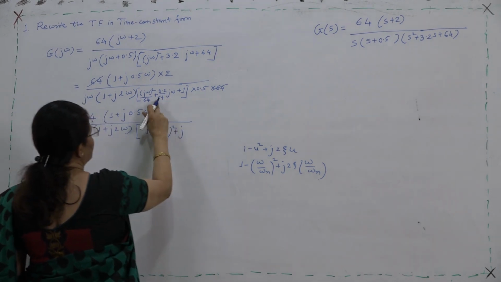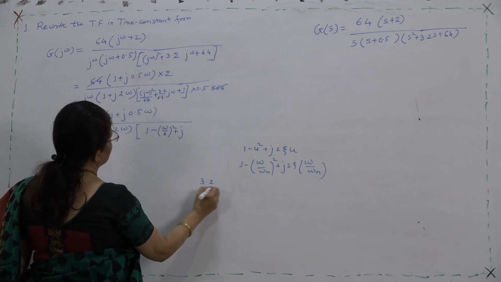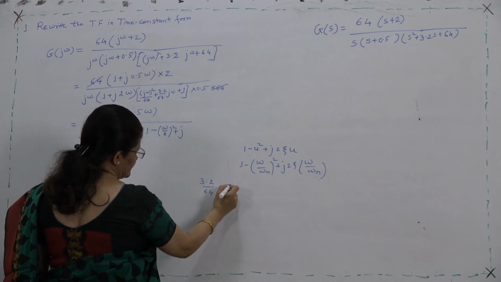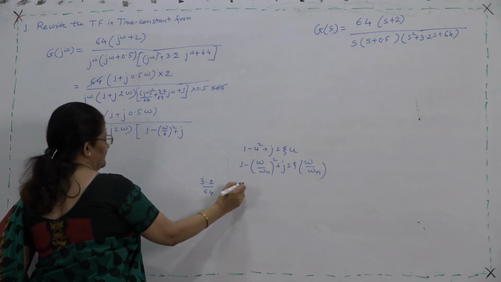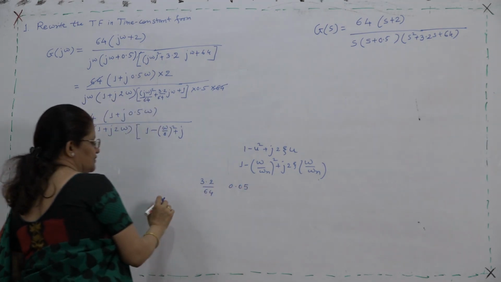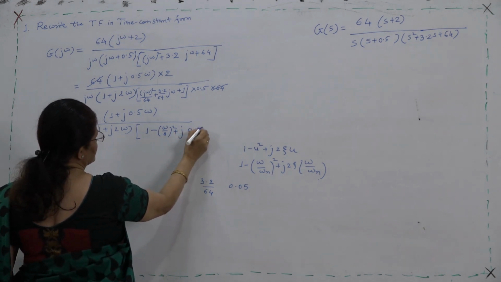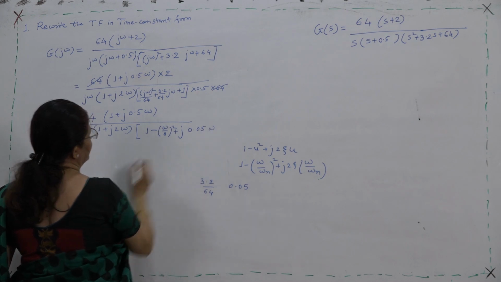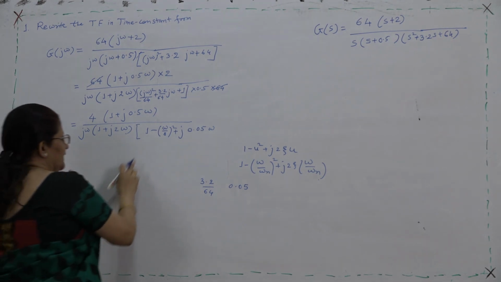So, what is the remaining term that we will write here? So, 3.2 divided by 64. So, what you will get here is 0.05. Check whether it is correct. So, what you will get here is 0.05 omega. I want omega by 8.